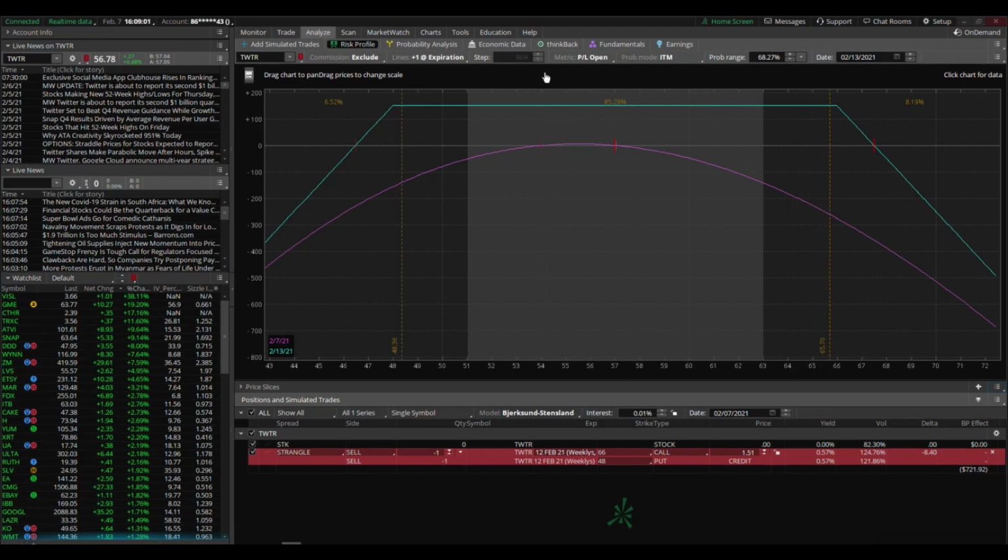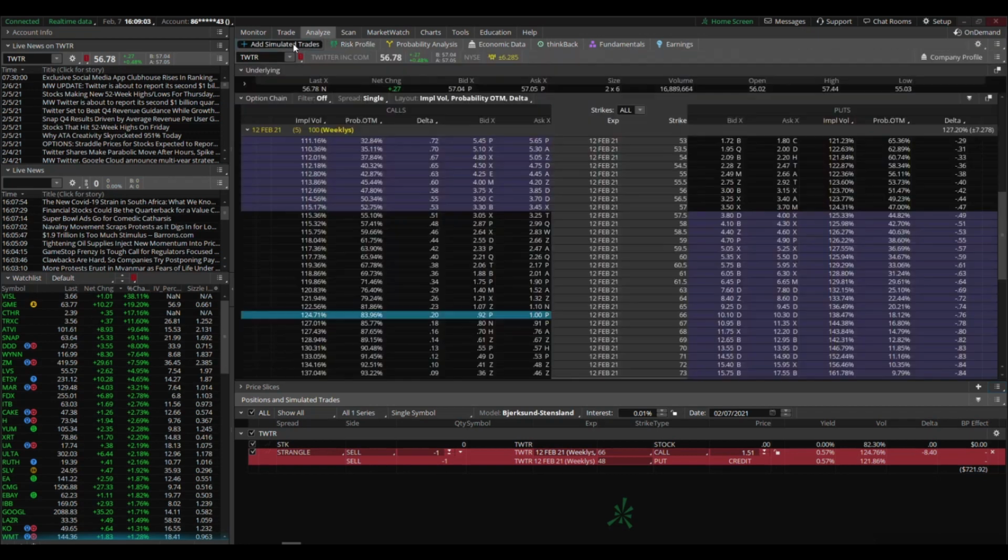The expected move, if you take a look at the chart here, is $6.28.